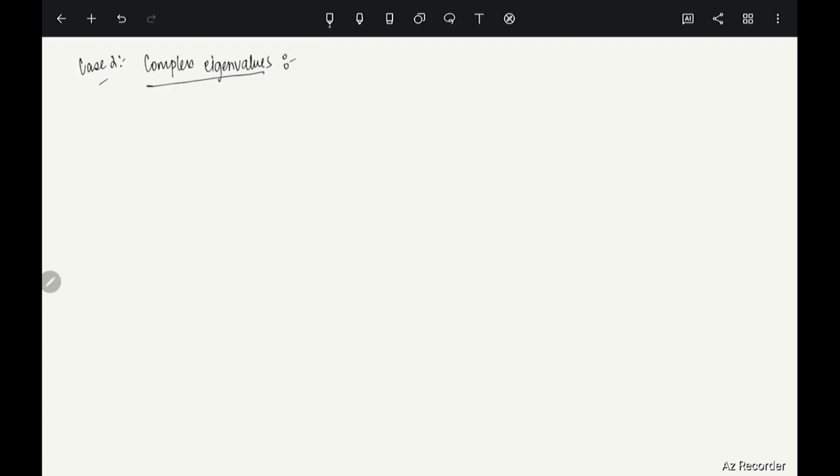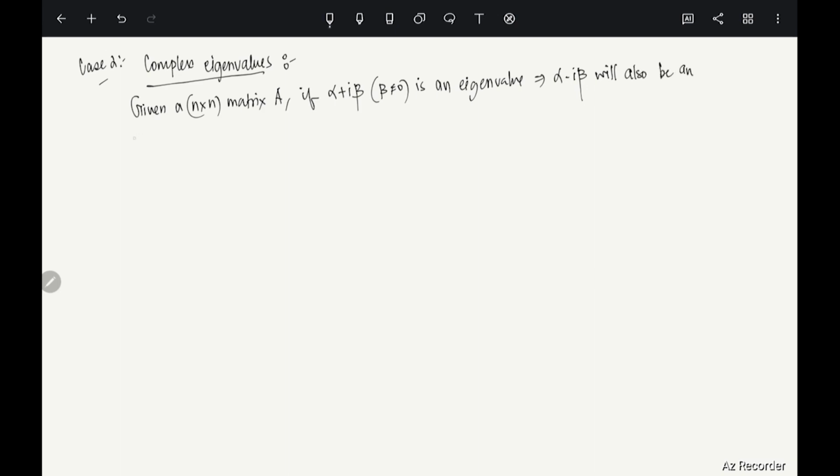See, in this case you have to remember this thing: given an n cross n matrix A, if alpha plus i beta, with beta not equal to 0, is an eigenvalue, that will imply alpha minus i beta will also be an eigenvalue.